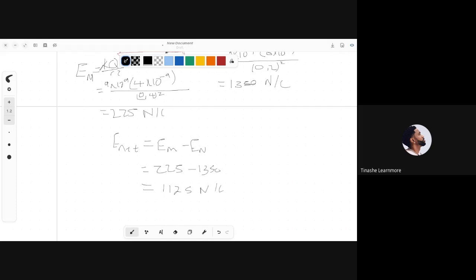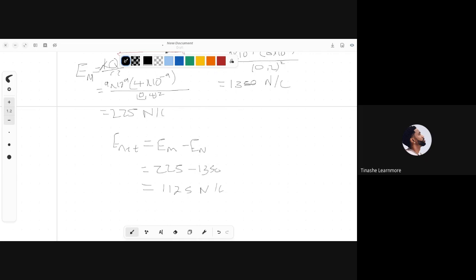Yes, Mamelo? Sir, since the electric field intensity is a vector quantity, are we supposed to specify the direction or anything like that? It will always depend on the way in which they ask the question.